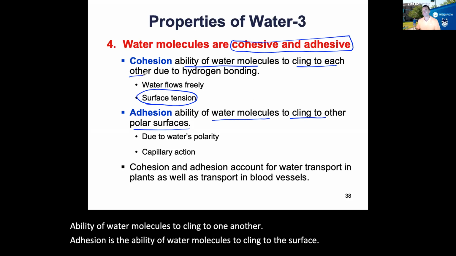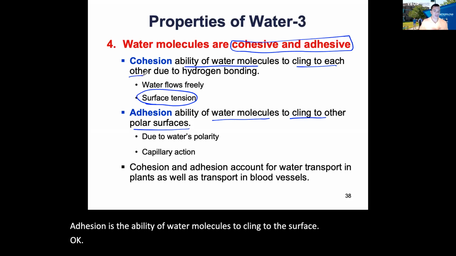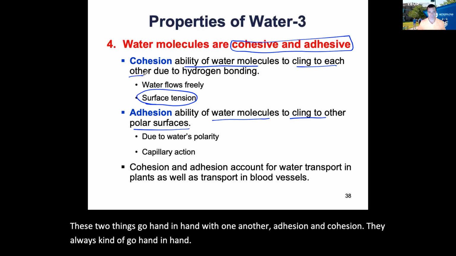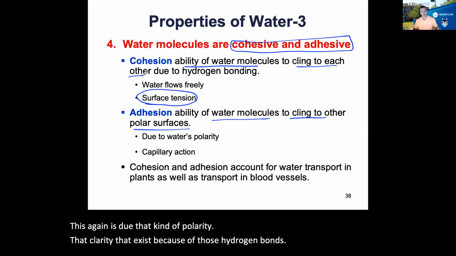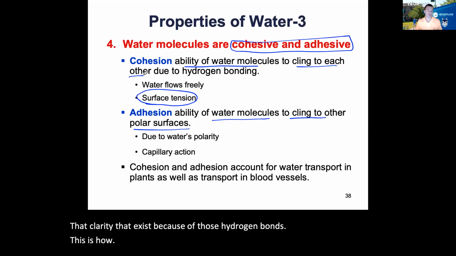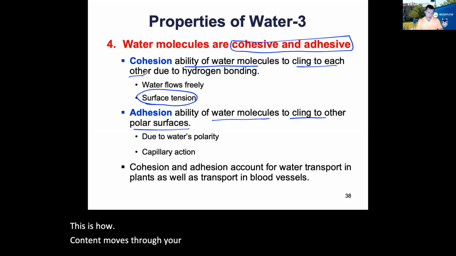These two things, adhesion and cohesion, always go hand in hand with one another. Again, this is due to the polarity that exists because of those hydrogen bonds. This is how content moves through your capillaries, those small blood vessels deep in your tissues.